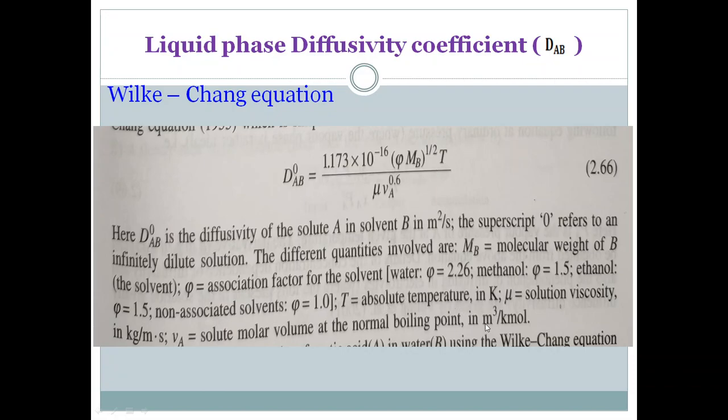Temperature will be absolute temperature in K, and viscosity is the solution viscosity in kg per meter second. V_A is the solute molar volume at the normal boiling point in meter cube per kilomole. So according to those units, when you put these in, you can calculate the diffusivity coefficient for liquid by the Wilke-Chang equation, and that will be in meter square per second.